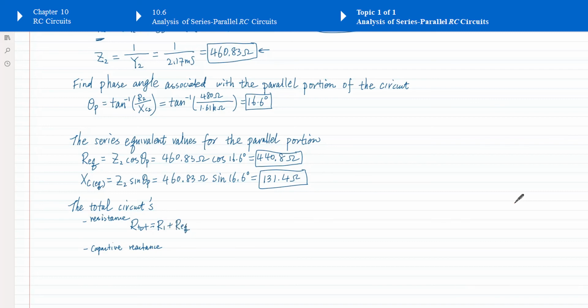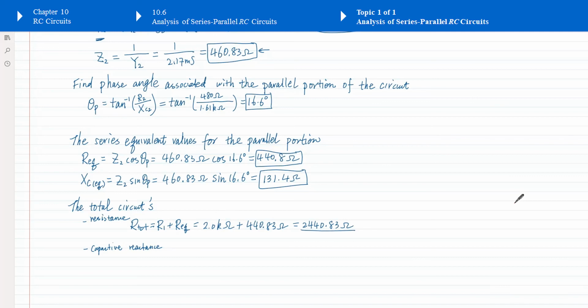For the total circuit resistance, R total equals the resistor R1 plus the equivalent resistance from the parallel circuit. R1 is 2 kilo ohm, and the resistive portion from the parallel circuit is 440.83 ohm. At the end it is 2440.83 ohm.